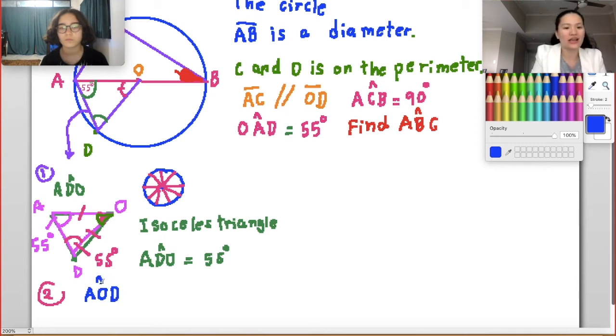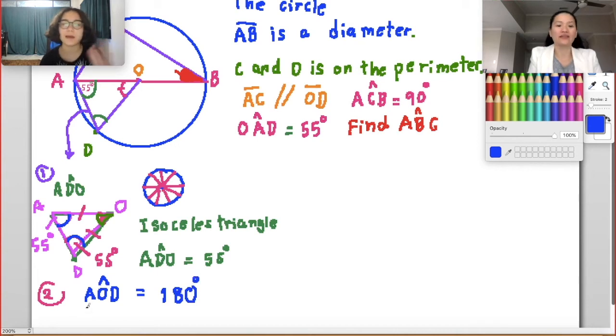If I know that this one is 55, and I know the quality of the triangle or the angle in triangle come together equal 180 minus.